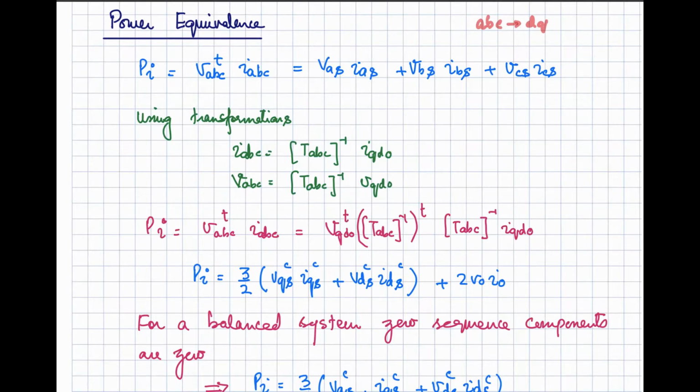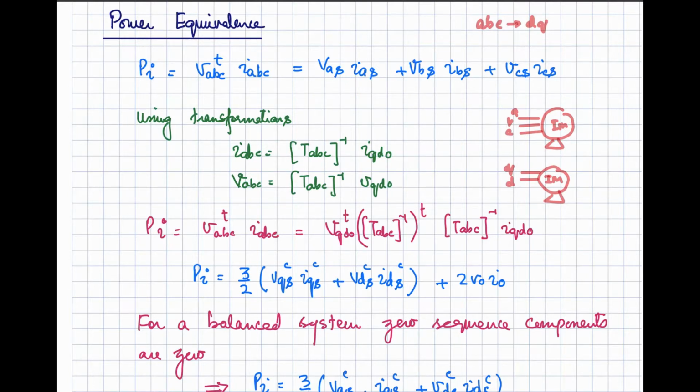The power input to a three-phase motor in the ABC frame of reference must be equal to the power input to the two-phase machine, because we are virtually representing that three-phase induction motor with the two-phase, that is Q and D or alpha and beta, depending upon the reference model that we will be selecting: either the stationary frame of reference, rotating frame of reference, or the synchronously rotating frame of reference.